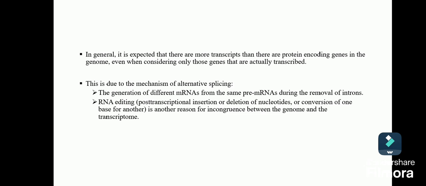This is due to the mechanism of alternative splicing, the generation of different mRNAs from the same pre-mRNAs during the removal of introns. RNA editing, post-transcriptional insertion or deletion of nucleotides, or conversion of one base for another, is another reason for incongruence between the genome and the transcriptome.